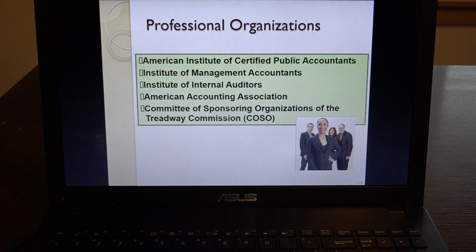You also have professional organizations involved. The American Institute of CPAs, AICPA, is an important part of this. They give a lot of advice to the FASB group when a new procedure is out there.